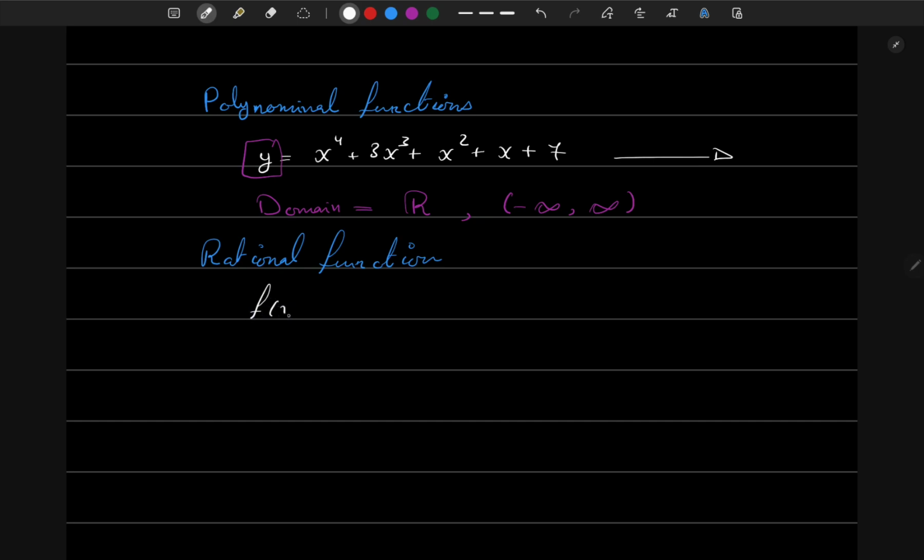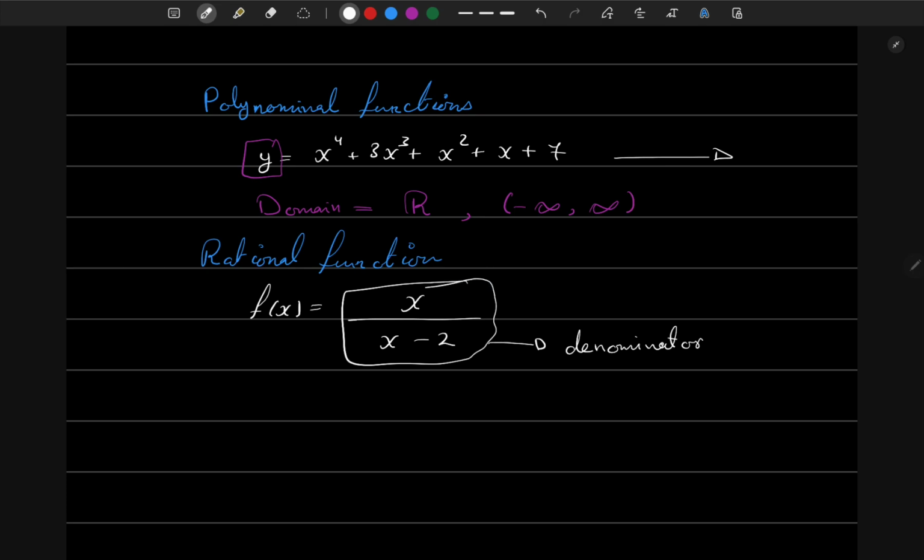So we can say like f of x equals, let's say, x divided by x minus 2. So here now I have a denominator. And once I have a denominator, then the domain becomes less. Because when I have a denominator, I know that there is a case for this fraction.